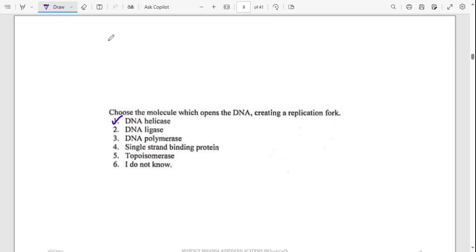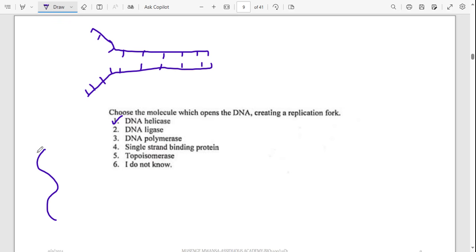So look at this. This is your DNA molecule that you are separating. There are going to be some important enzymes. Now you know that before you can have this, DNA is coiled before it can become straight.